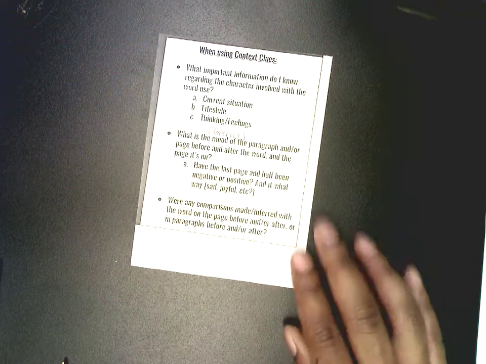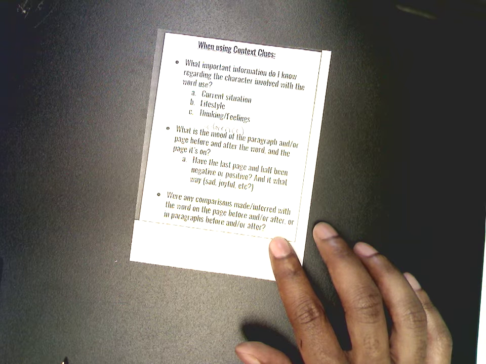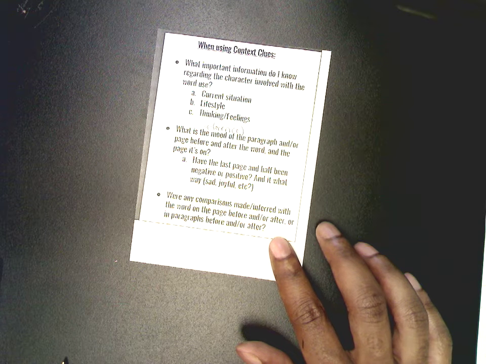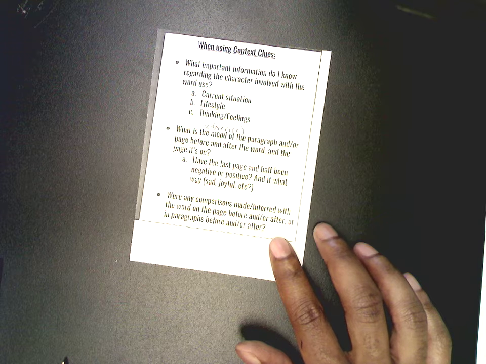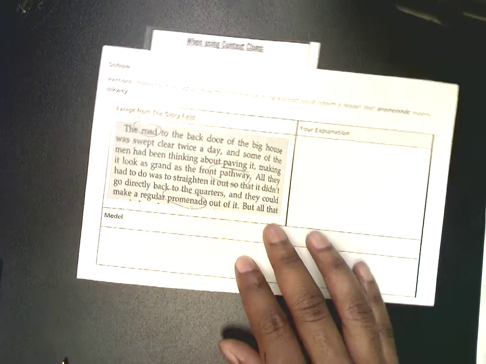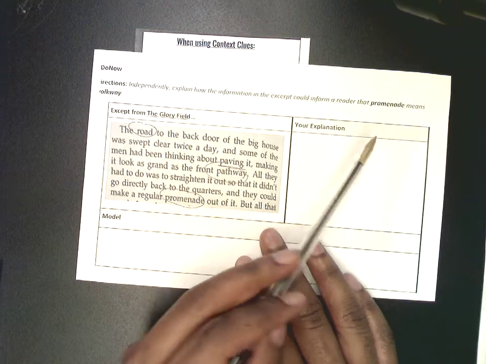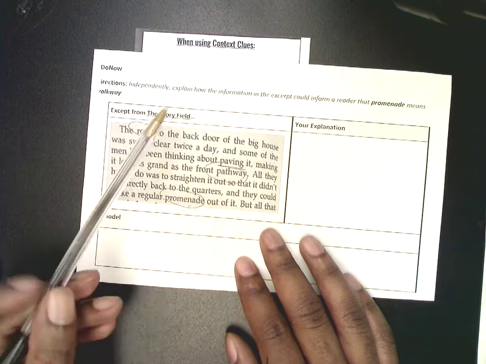So as I said before, a lot of you are in this space. A lot of you are good with context clues if the author is able to compare unfamiliar words to something else within the same sentence or the same paragraph. So for example, with your do now, we notice that the word promenade means walkway.